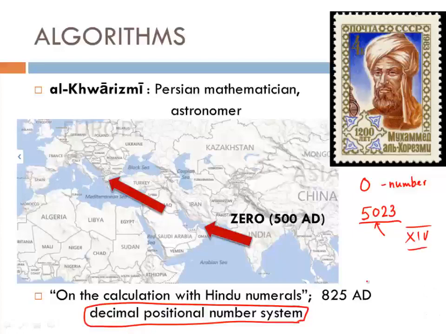And in fact, the word algorithm comes from Al-Khwarizmi because he propagated it to the West. He wrote this book called On the Calculation with Hindu Numerals around 825 AD, which was very influential in the West, and in particular in Italy. Fibonacci was a mathematician who was very much interested in this system, and he propagated it, and that's how we come to use this today.